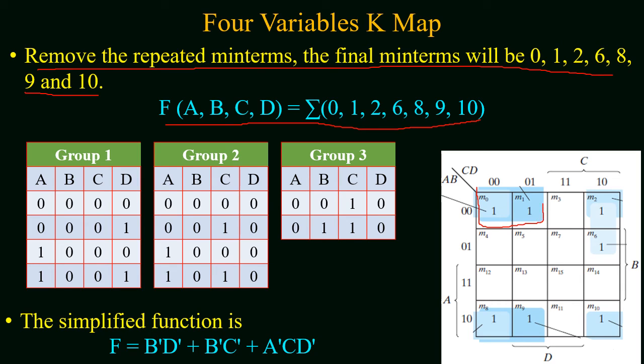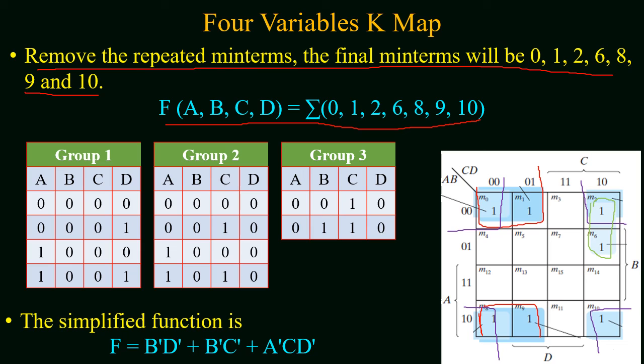So here we have 3 groups. The first group consists of 4 minterms corresponding to row 1 and row 4 and column 1 and column 2. The second group is formed by all the minterms at the corner, and in the last we are left with a single minterm, so we will make a group of 2 adjacent squares by reusing a minterm.